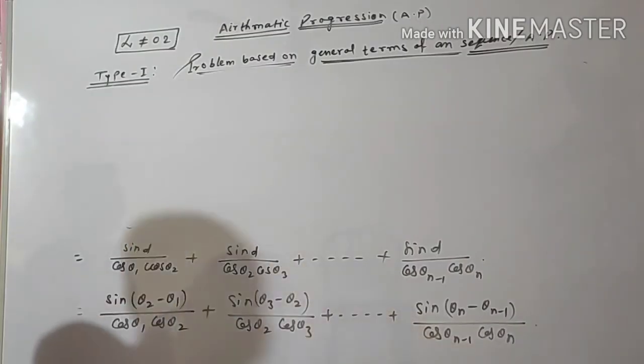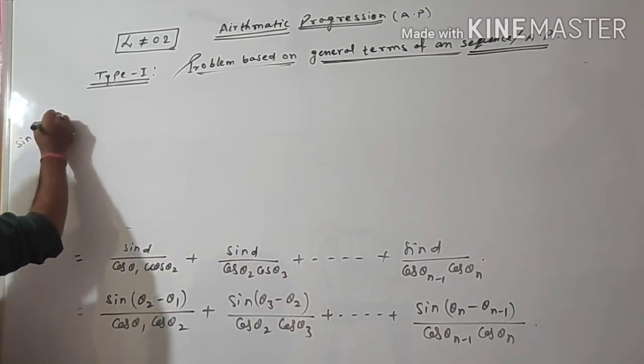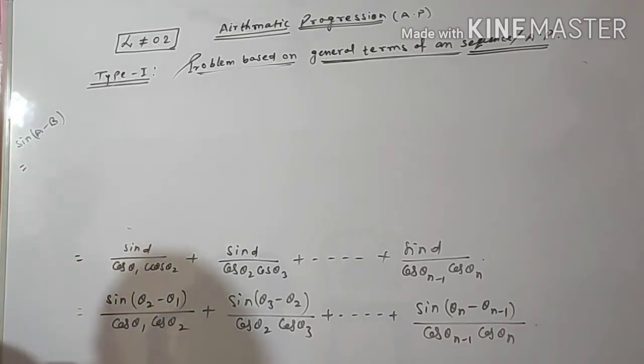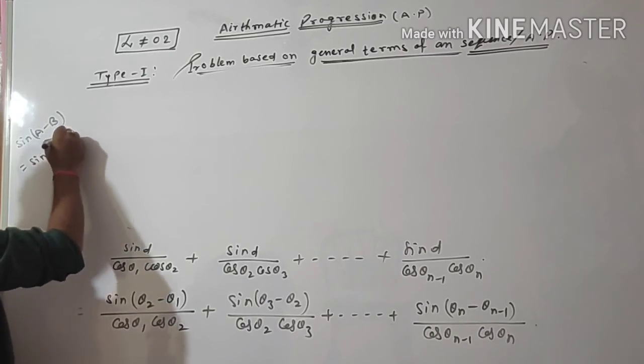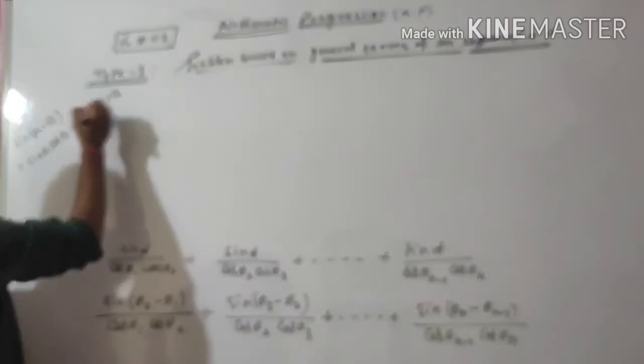Sin(A minus B). We know sin(A minus B) is a formula of trigonometric function: sin A into cos B minus cos A into sin B.